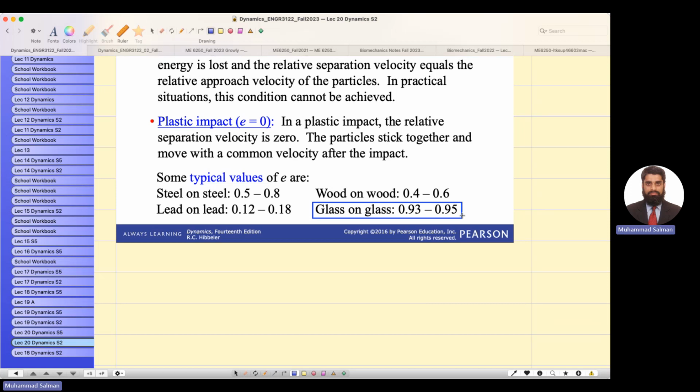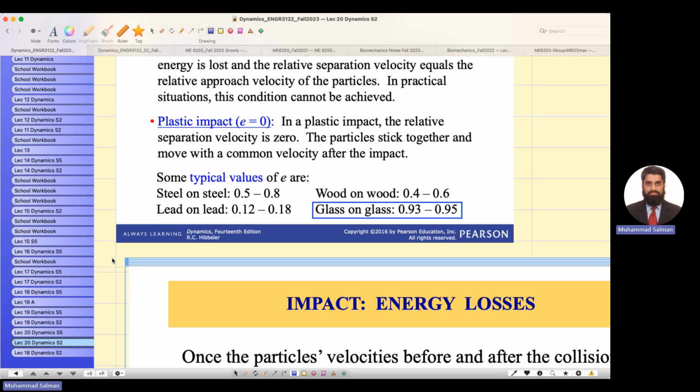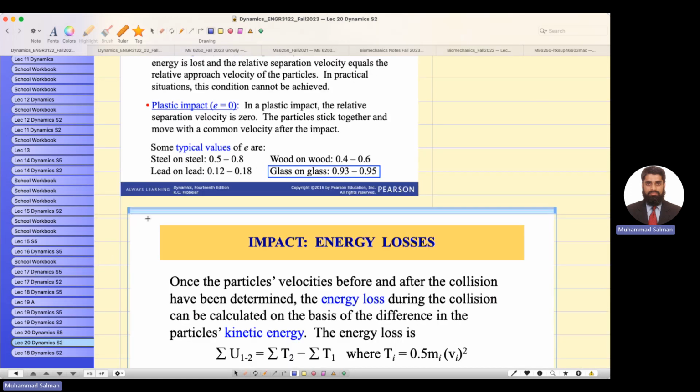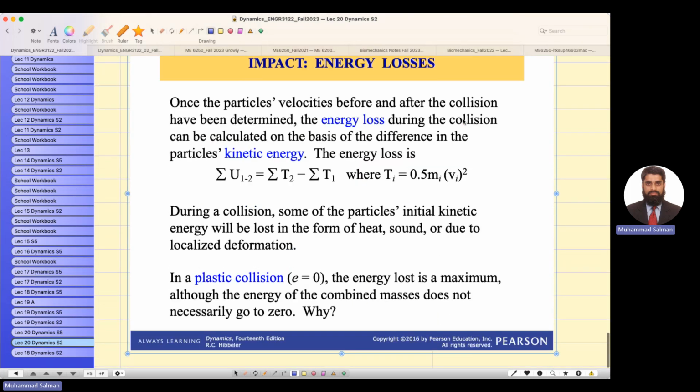The glass suddenly breaks, but it is smooth. If it is more smooth, then there is more elasticity inside. Microscopically, which is not our field for dynamics, glass is very smooth as compared to wood. Therefore, we lose a lot of energy.